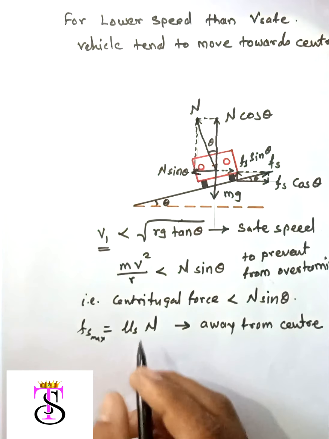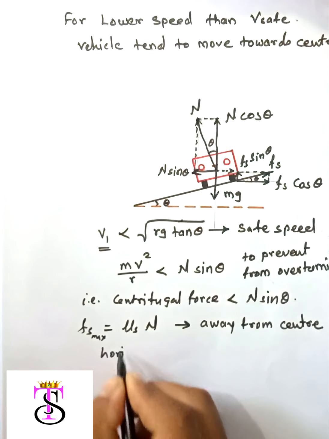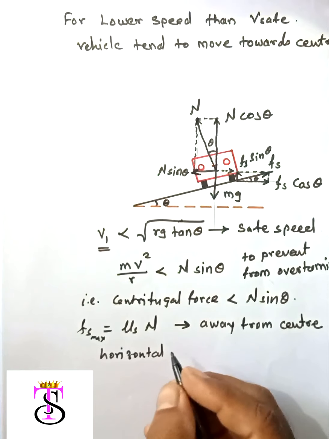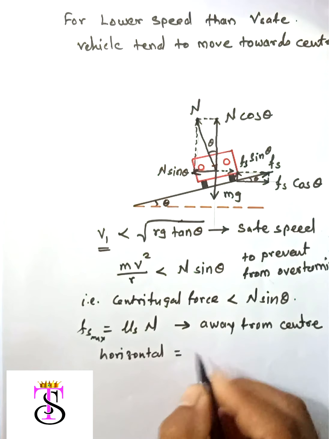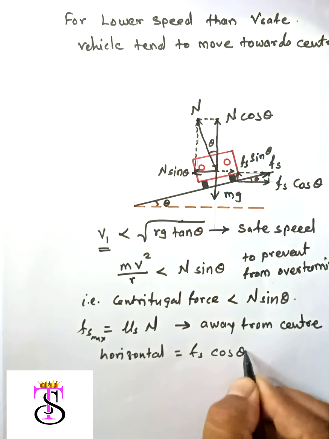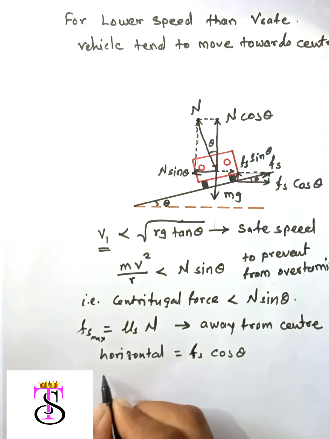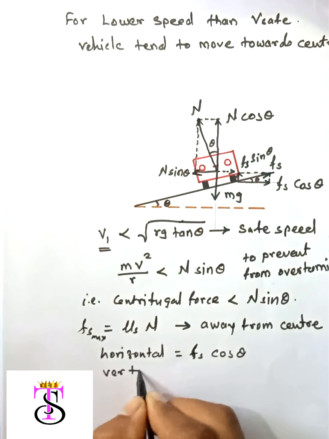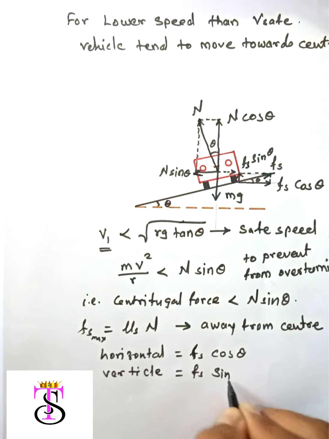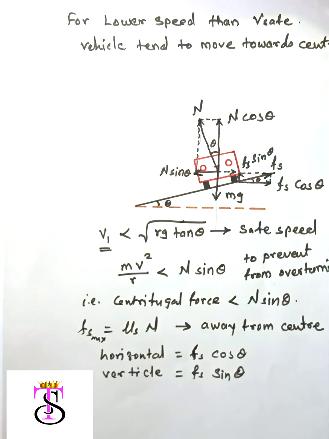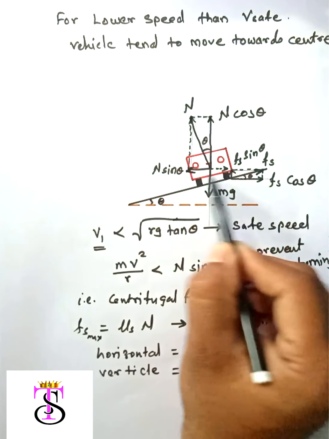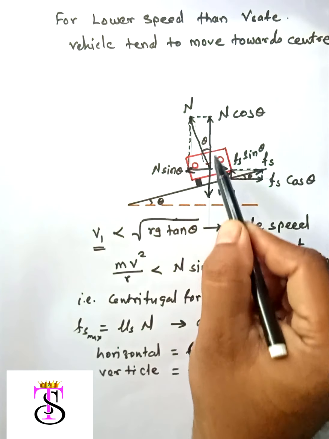This horizontal component is Fs cos theta and vertical is Fs sin theta. So we have some horizontal forces and some vertical forces.